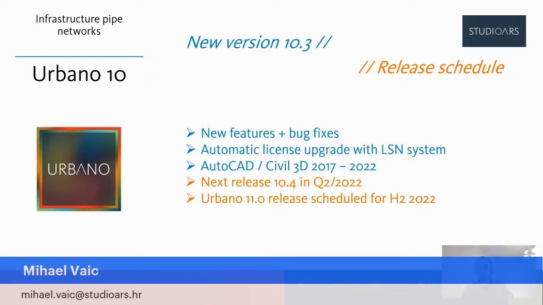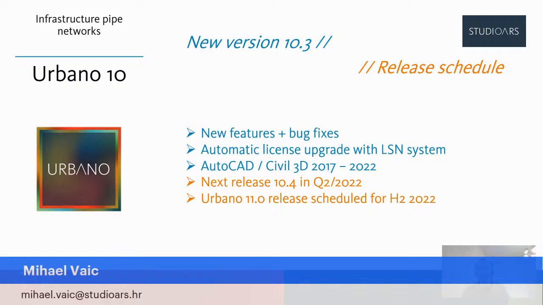10.4, the next minor release, is on schedule for the second quarter of next year, 2022. Again, it will be of, let's say, similar size as this one. So some new features, some bug fixes, and there will be an updated list of supported AutoCAD and Civil 3D platforms.